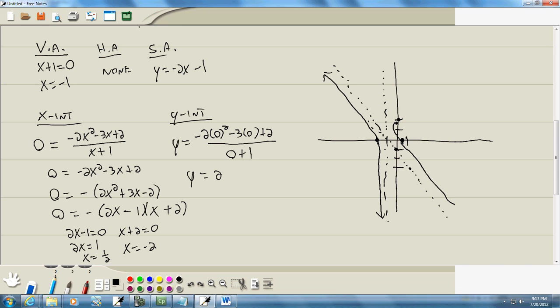Let me try that again. Okay. Hopefully I can do this without erasing the entire thing. Okay, there we go. I probably should have spent a little bit more time and plotted a few more points. Okay, passes through there, hits that, and then comes up like that.